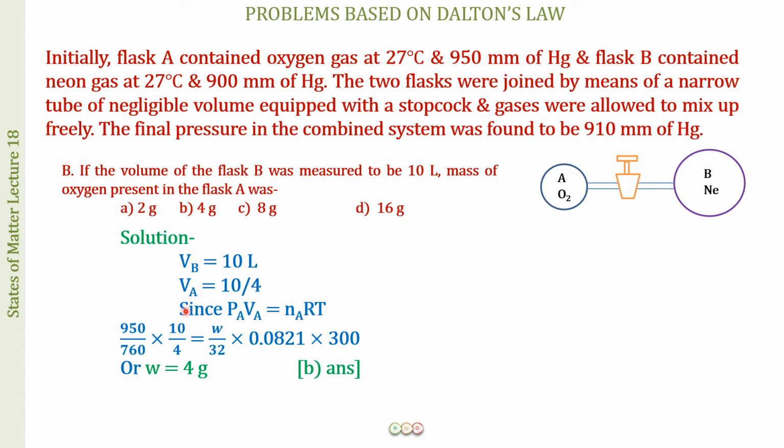So the pressure in atmosphere, we will be dividing 950 by 760 to get the pressure in atmosphere, multiplied by 10 by 4, which is the volume of vessel A. This will be equal to W by 32 into the gas constant into the temperature, and you will be getting the mass of oxygen in flask A to be 4 grams. So the correct choice is going to be B. I hope you are getting these questions, how we are handling them, how we are treating each and every part, and what questions can be asked in the examination. You now have a thorough understanding.